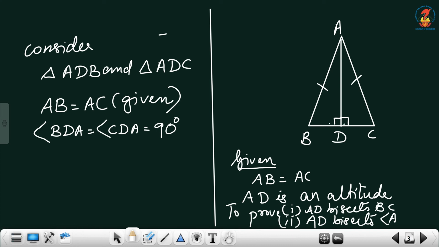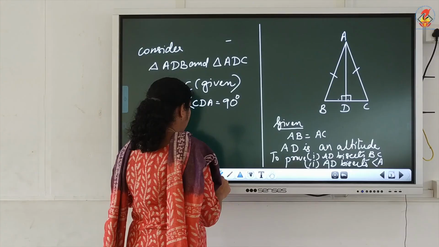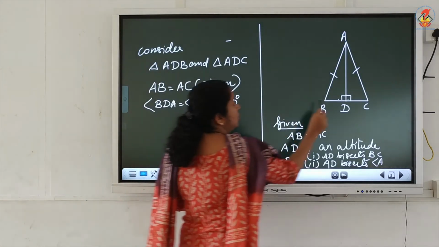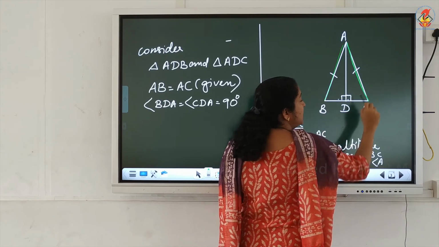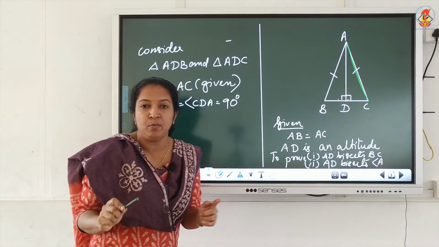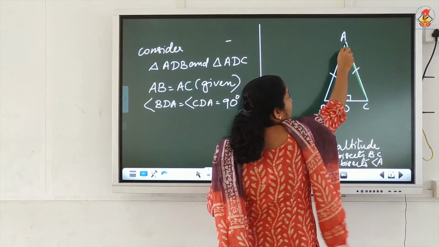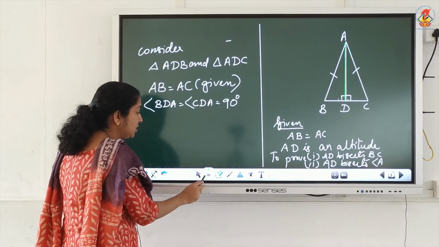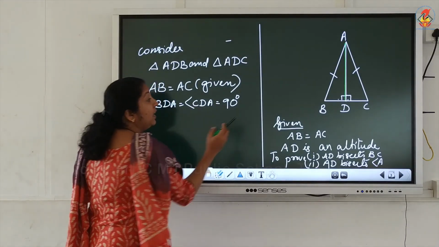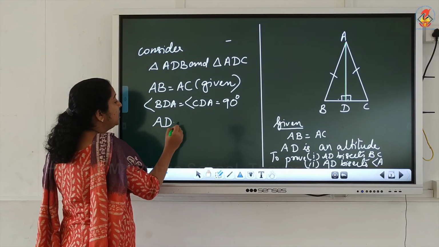So, this is 90 and this is the hypotenuse. So, that is also equal. So, we need one more side. Which is the side? AD is the common side of these two. So, we can write AD is equal to AD, common.